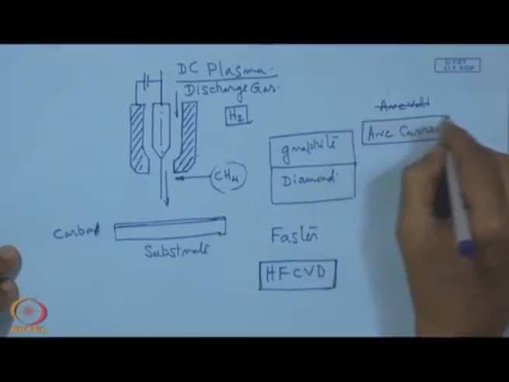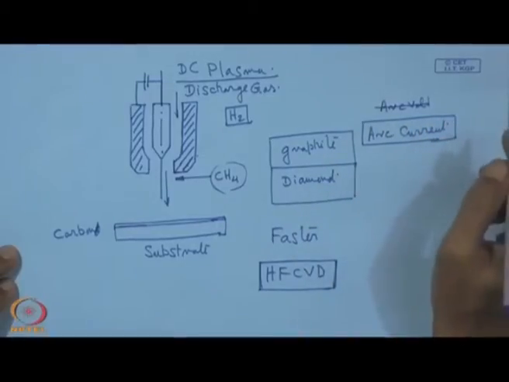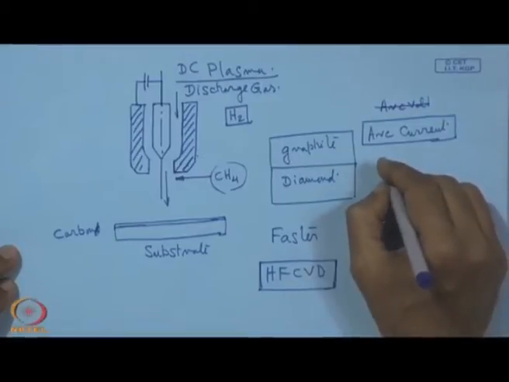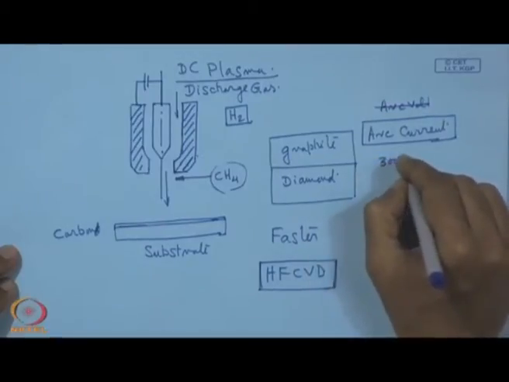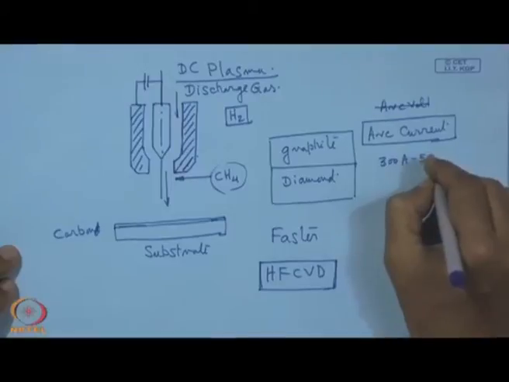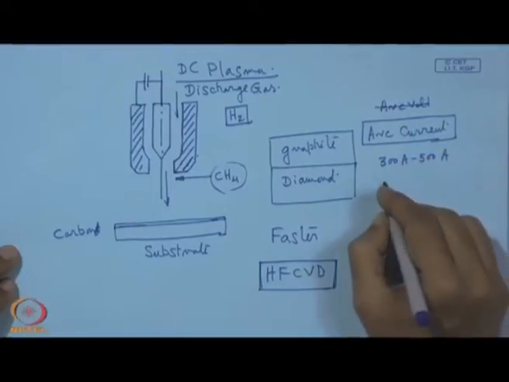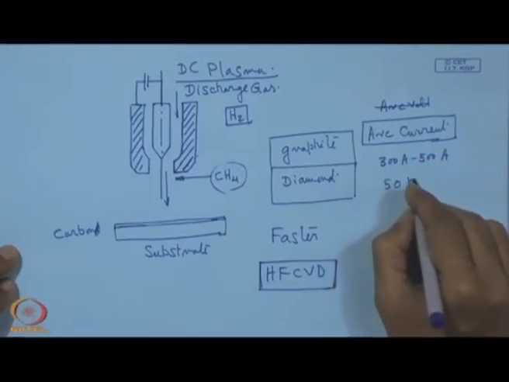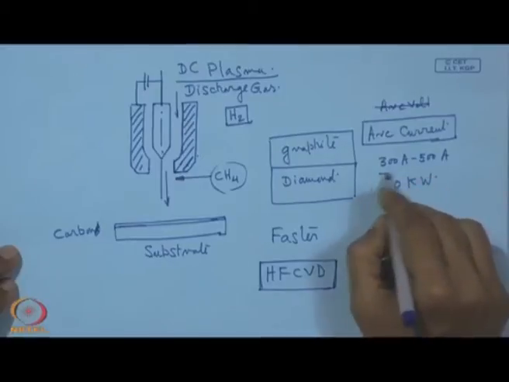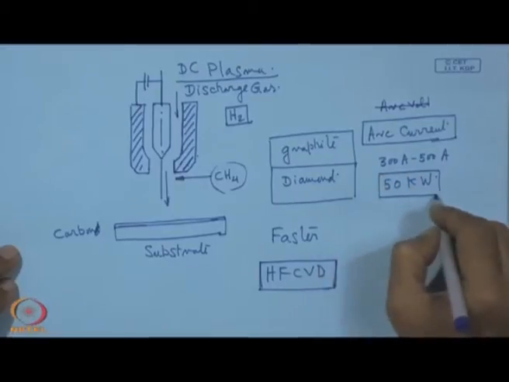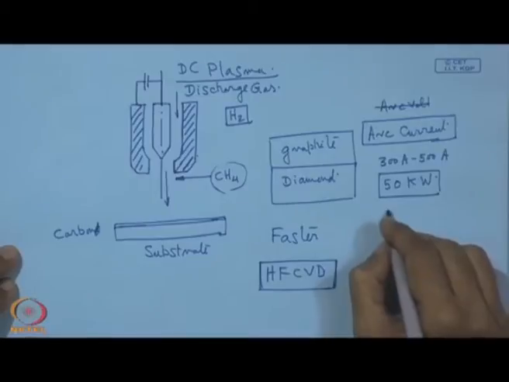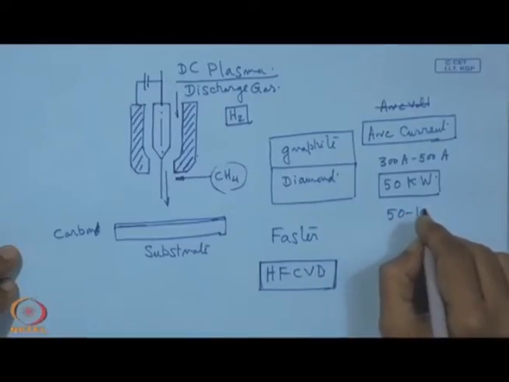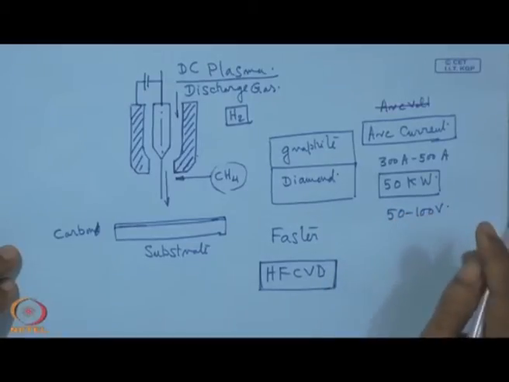So, arc current in all routine applications can go straight from 300 ampere to 500 ampere, and it can be just a 50 kilowatt machine, but voltage-wise the voltage is rather low. It can operate between 50 to 100 volt.